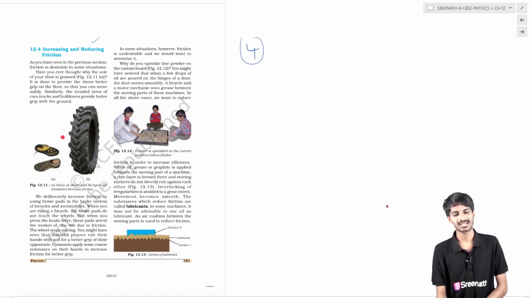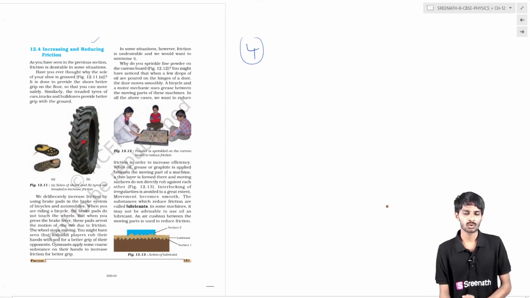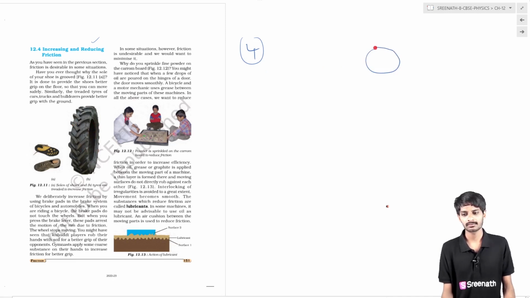Basically, if you understand the brake system, when you are moving in a car or bike or any vehicle and you apply brakes, what happens? The brakes do not directly stop the rotation of the tires. They are attached to the rim only. This is the tire, and the cycle tires are like that. Suppose this is a cycle tire.